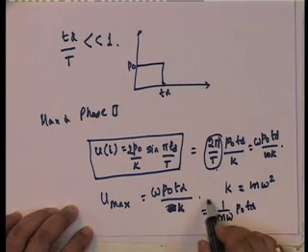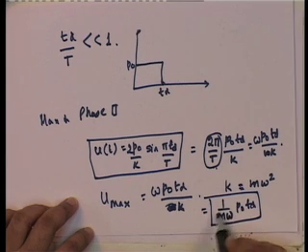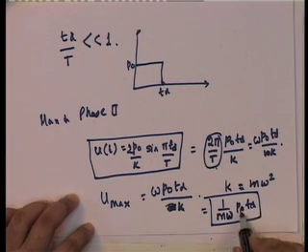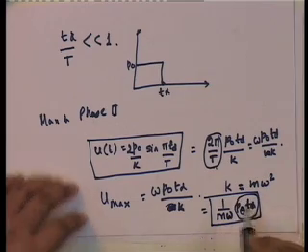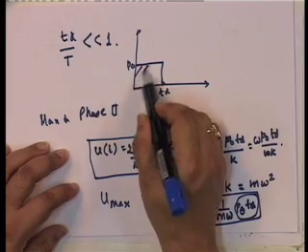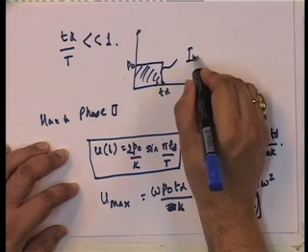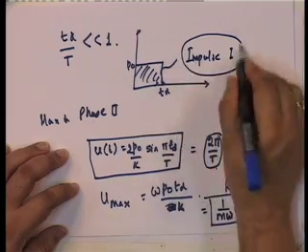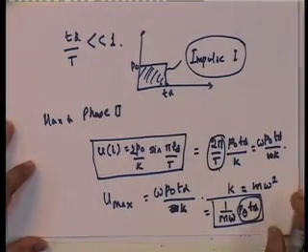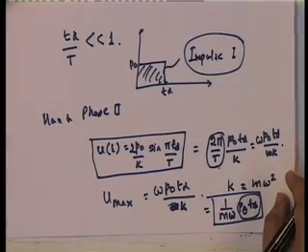So, u max is really, note that m and omega are characteristics of the structure. So, what is the loading? If you look at it, it is P naught Td. What is P naught Td? If you look at it, it is really the area under the curve, which is known as impulse I. So, u max is equal to P naught Td upon m omega.